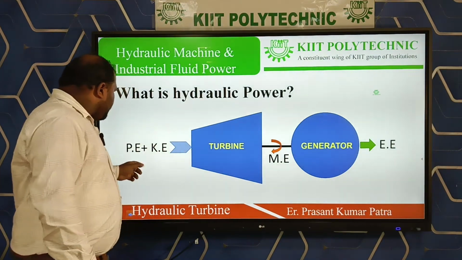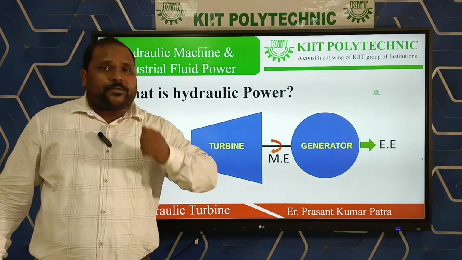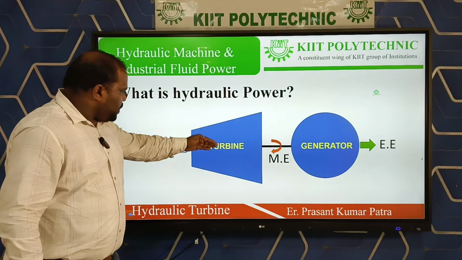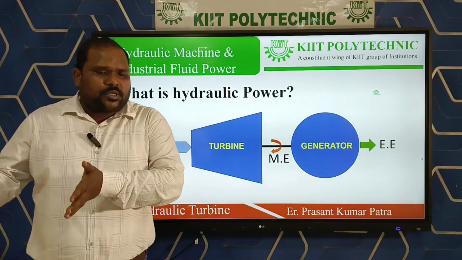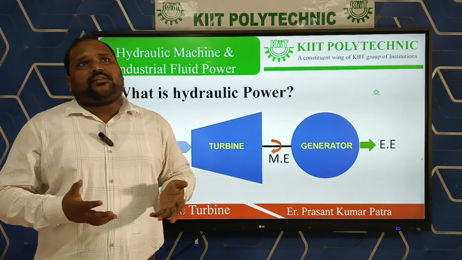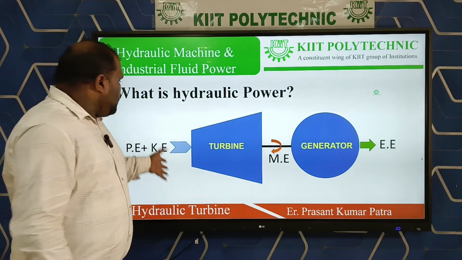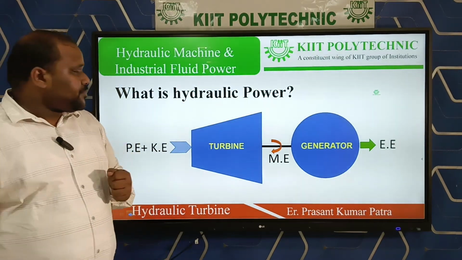Here we are supplying the water, and that water is flowing into the turbine with potential energy or kinetic energy. In case of some turbines, the total energy is kinetic energy, but in case of other turbines, we find energy in the form of potential energy plus kinetic energy.